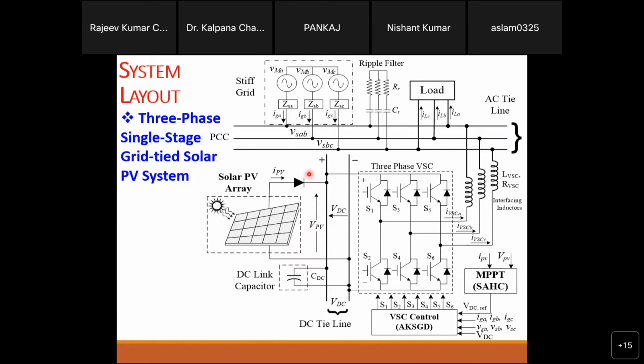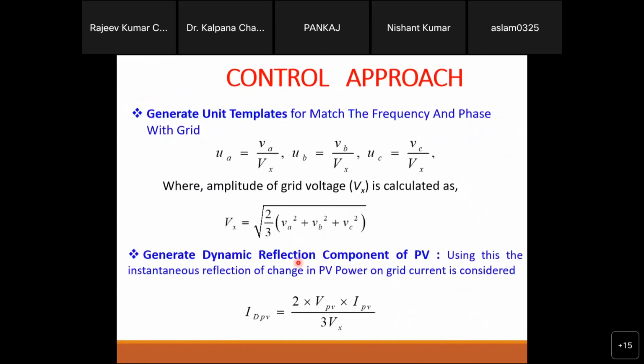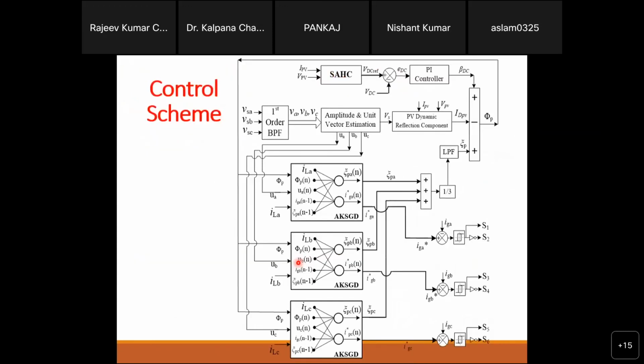So when you attach one DC-DC converter, for example a boost converter, how will you operate? That is not a big deal. Only small changes you will see in this situation. You give the PV current and PV voltage to the MPPT algorithm, and then the MPPT algorithm generates your DC voltage requirement. So what should be the DC voltage, right? The DC voltage reference you calculate through these MPPT algorithms.